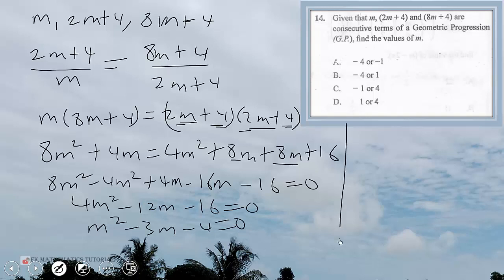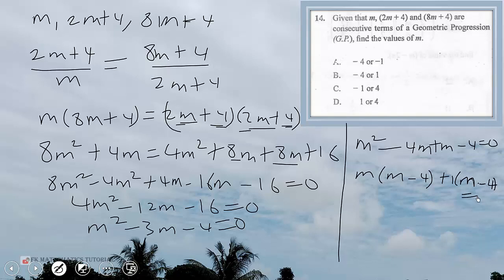So two factors of negative 4 that when we add we get negative 3 will be negative 4 and positive 1. So m squared minus 4m plus m then minus 4 will be equal to 0. So m into m minus 4, then we have plus 1 into m minus 4, will be equal to 0.